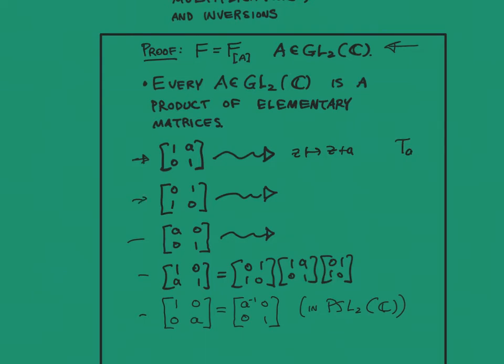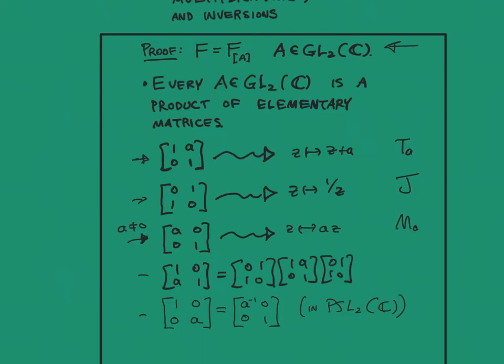The next operation, which is swapping two rows, amounts to the FLT of inversion, which I'll just call J because it would be too confusing to use I. The next elementary matrix is where you multiply the first row by A, and you do need A to be non-zero. And this gives you a multiplication operation, so I'll just call this MA.